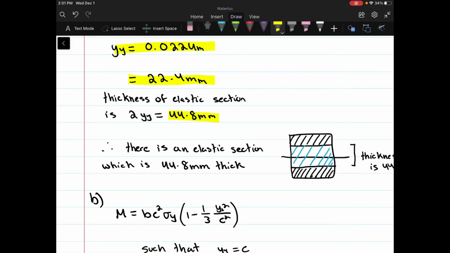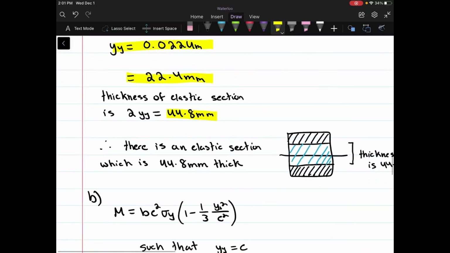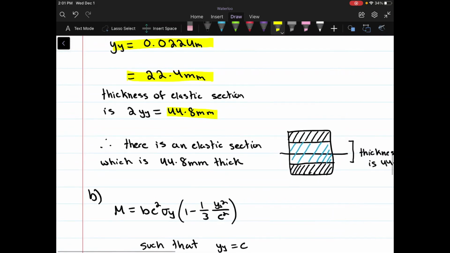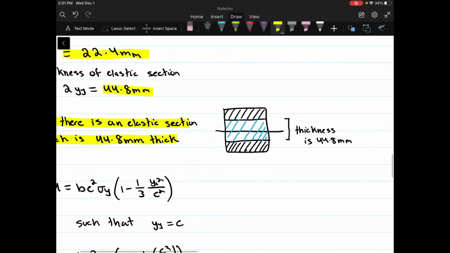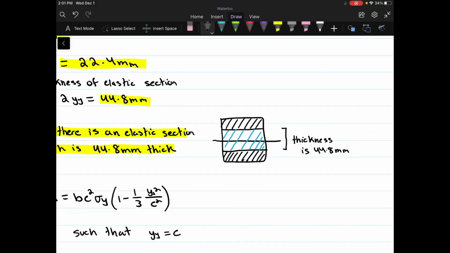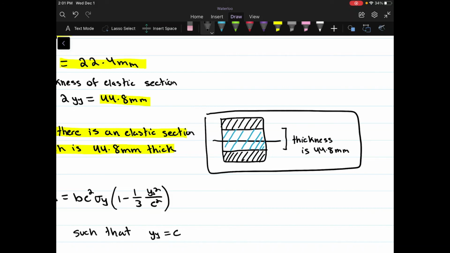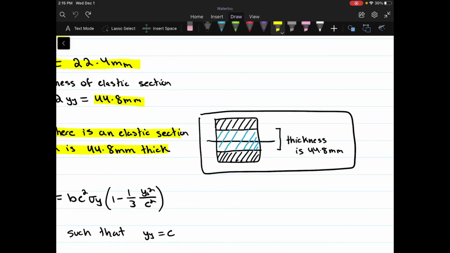This means that there is an elastic section when this moment is applied, and the thickness of that section is 44.8 millimeters. This will result in a cross-section looking somewhat like this. In this cross-section, the black area represents the plastic section and the blue area represents the elastic section.